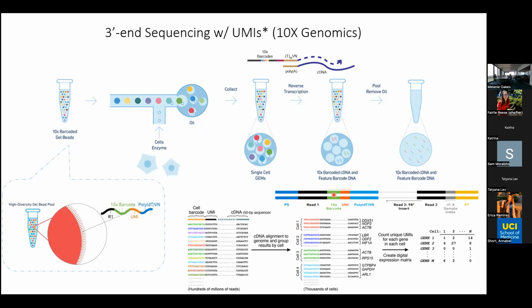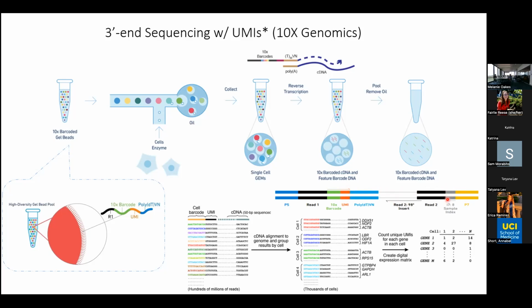If you're looking at this, it should look familiar to you. Here's your P5 adapter. Here's your read 1 primer binding site. Here's our 10X barcode, our unique molecular identifier, our poly-T region. Here's our insert, which is actually from read 2.